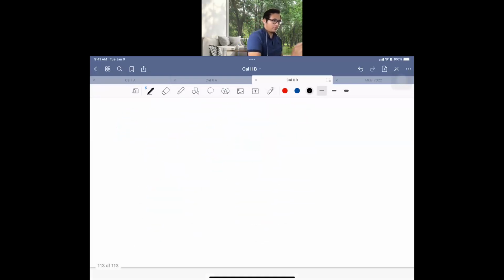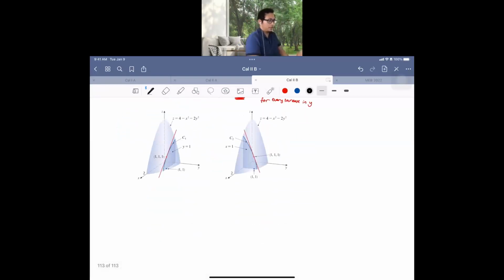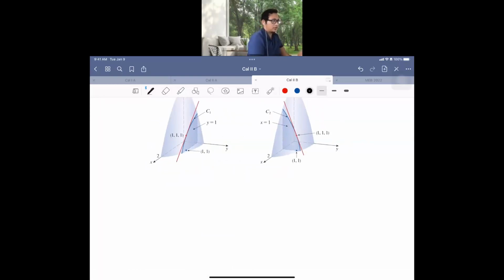If I give you x cubed plus y cubed plus z cubed plus 6xyz plus 4 equals 0.